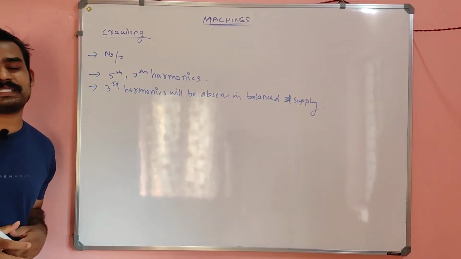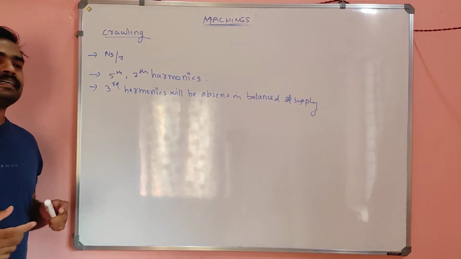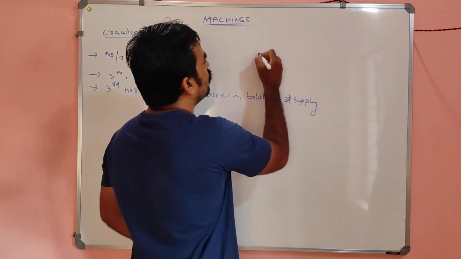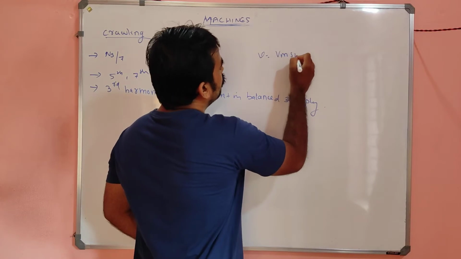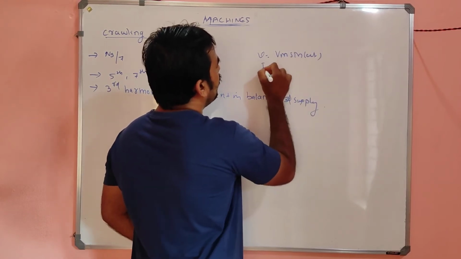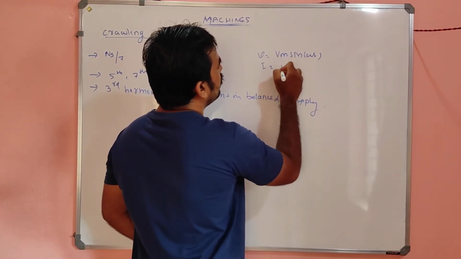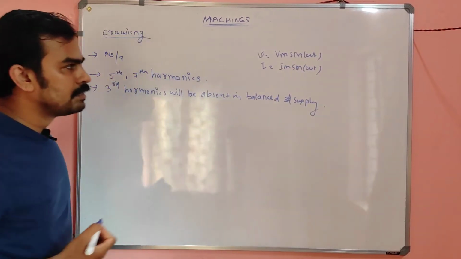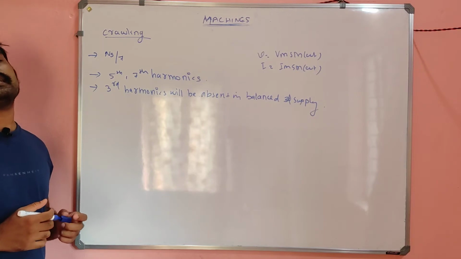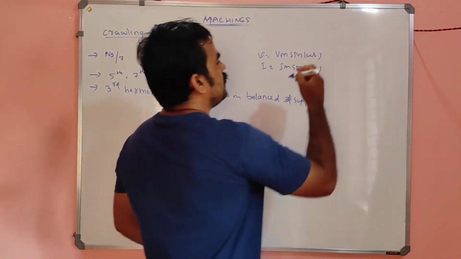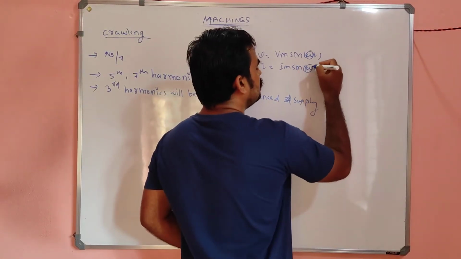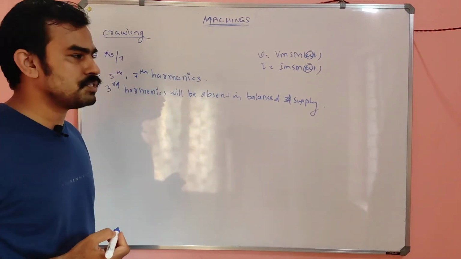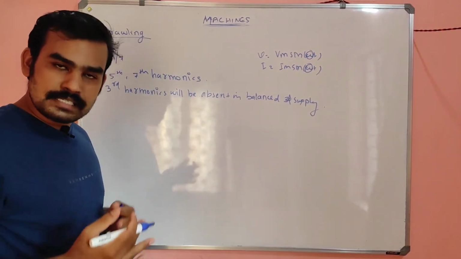Before that, what are harmonics? We have the equation of voltage V equal to Vm sin omega t and current I equal to Im sin omega t. Harmonics are nothing but, due to many reasons, the fundamental frequency omega in the voltage and current equations changes.